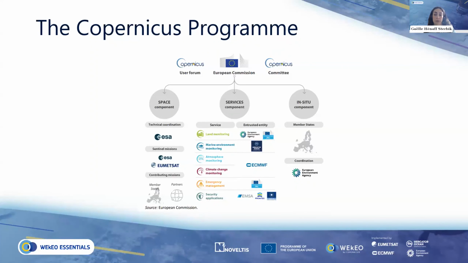It helps service providers, public authorities, and organizations improve quality of life in Europe and beyond. Copernicus operates through space-based and in-situ observation components and offers dedicated information services through self-standing portals tailored to various user communities.